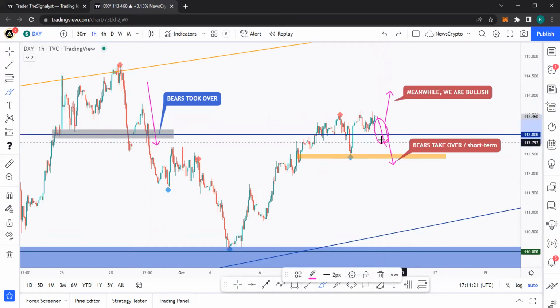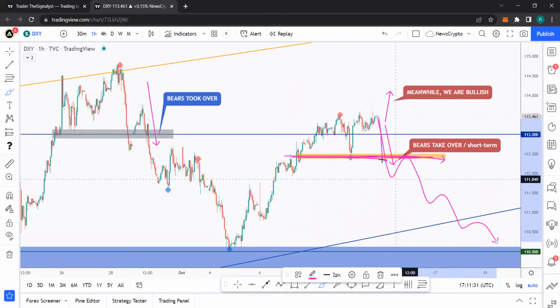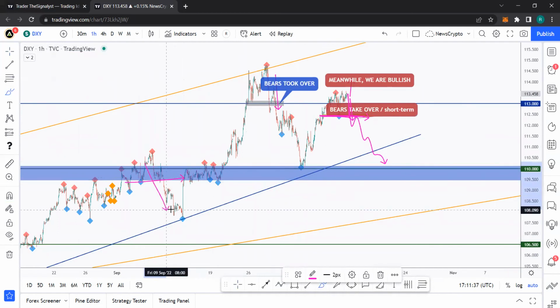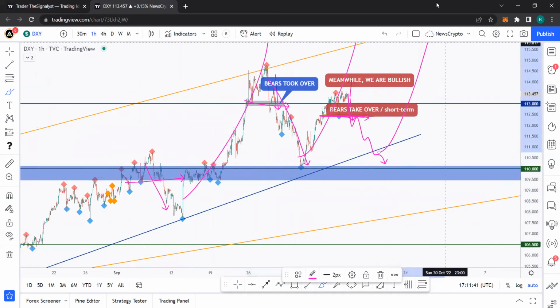But it might be a fake movement before the bulls take over again. That's why we need to see a break below this previous major low to confirm that the bears are taking over. Of course, this is just from a short-term perspective. If you zoom out, you can see the full picture, just like this short-term bearish movement before the bulls take over again.